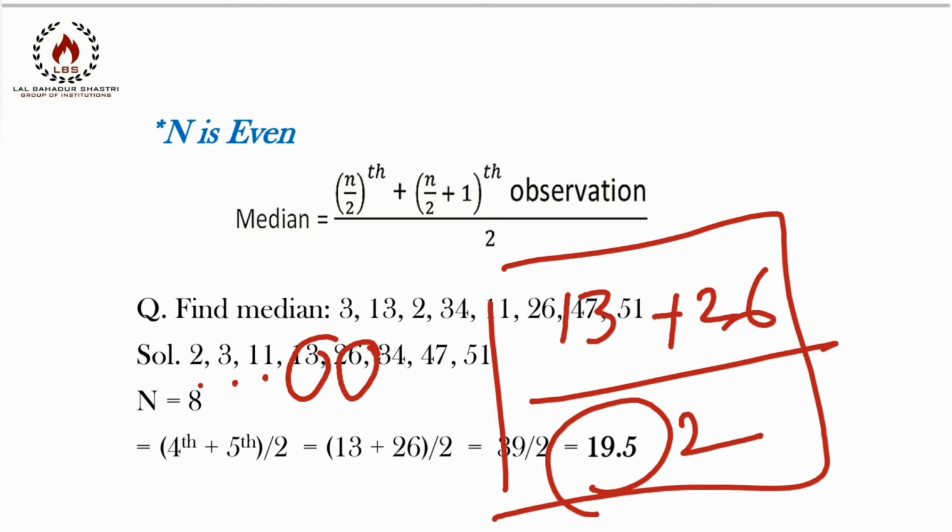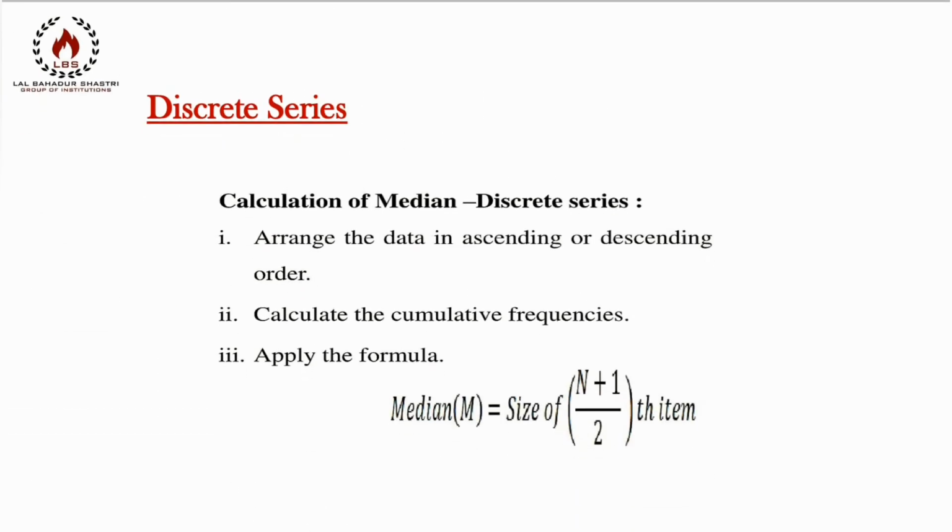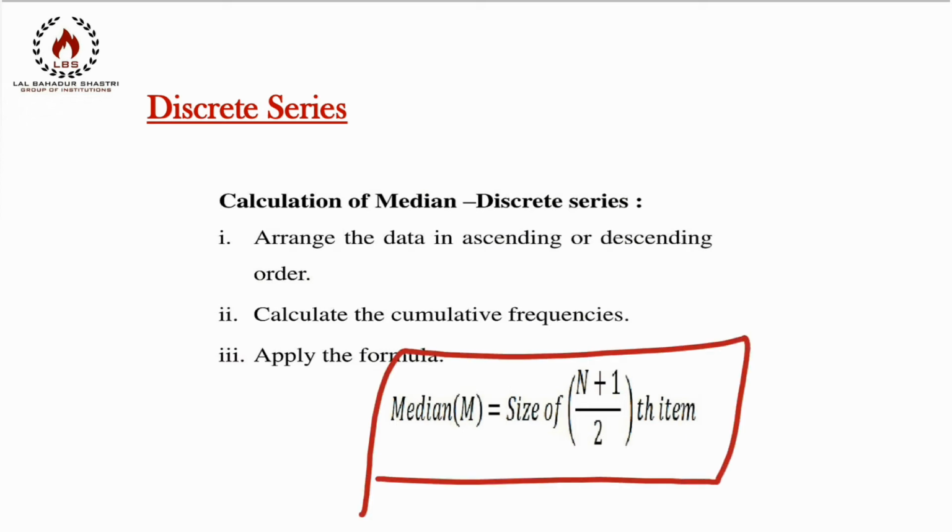When the n is odd, there is a different formula, and when the n is even, there is a different formula. Now another series is discrete series. In case of discrete series and in case of continuous series, there is no even or odd. This even or odd category only appears in individual series. In case of discrete series, we only have one formula, and that is this one.